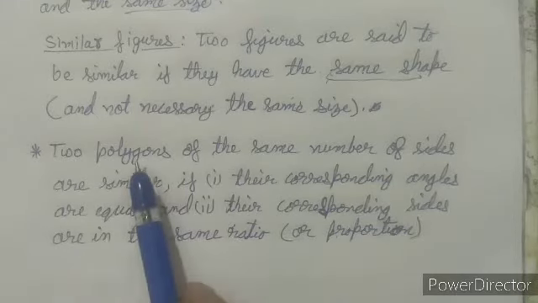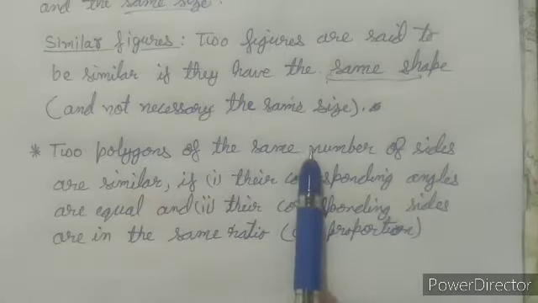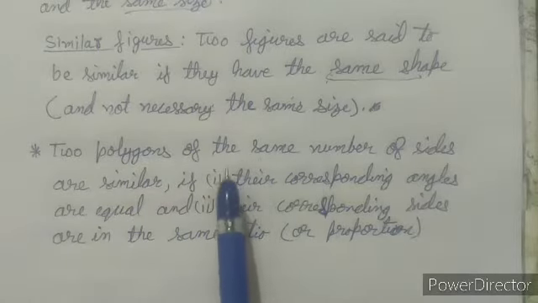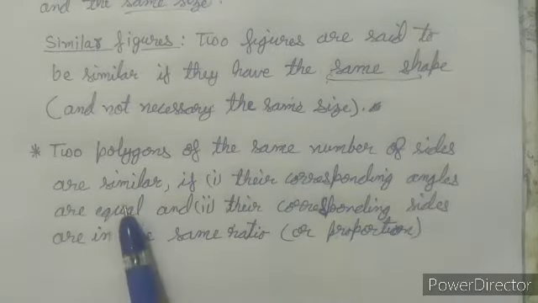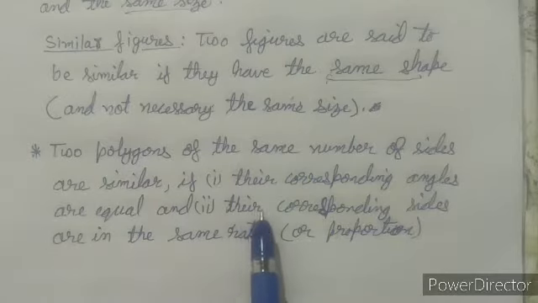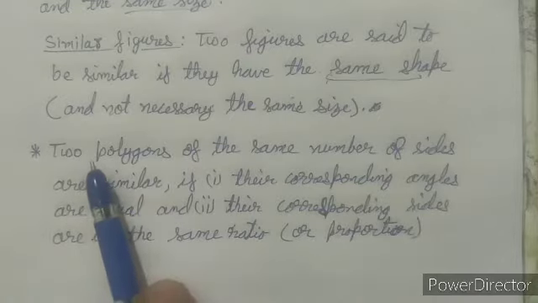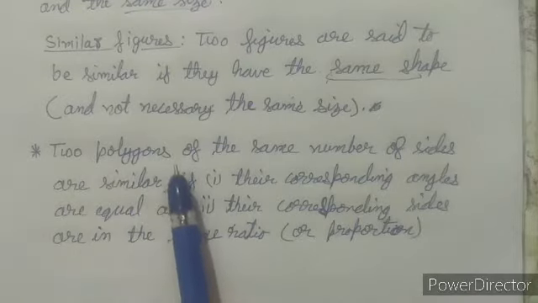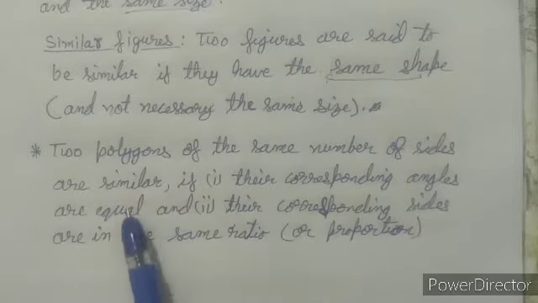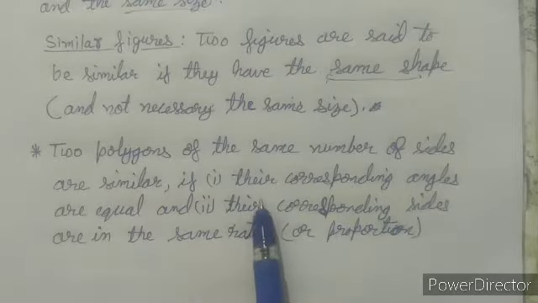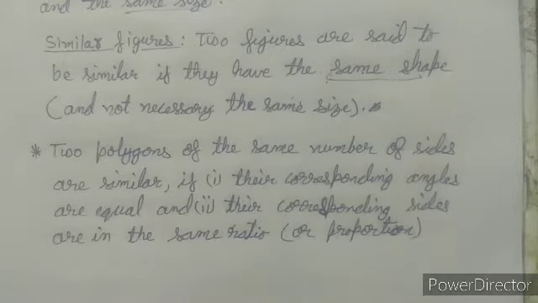We can say that two polygons are similar only if they have same number of sides, their corresponding angles are equal and their corresponding sides are in equal ratio. In case of triangles, we can say that two triangles are similar if their corresponding angles are equal and their corresponding sides are in proportion or in same ratio.